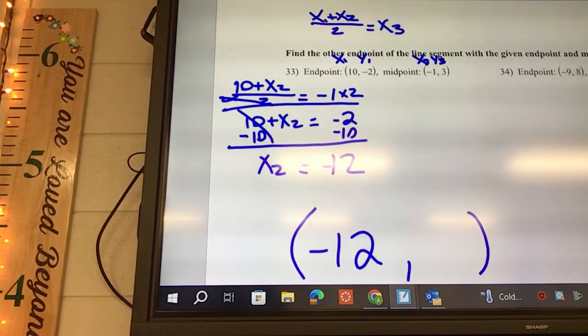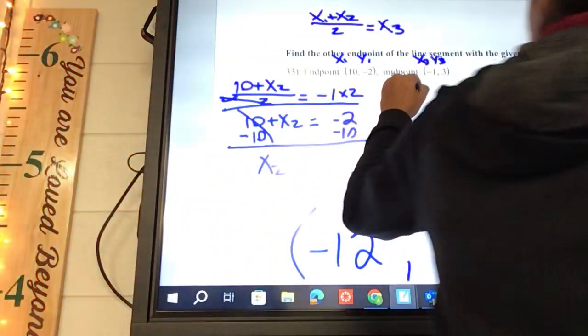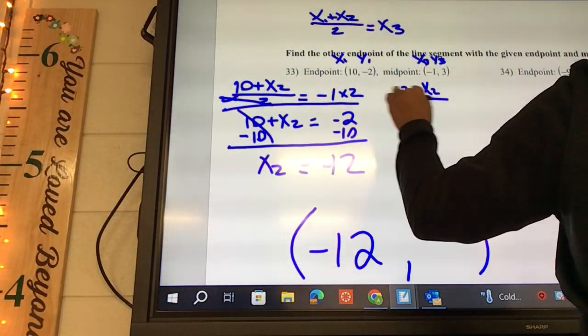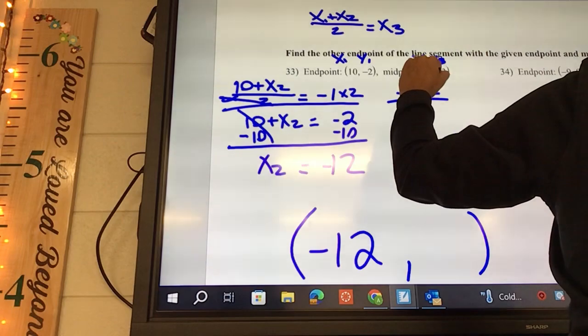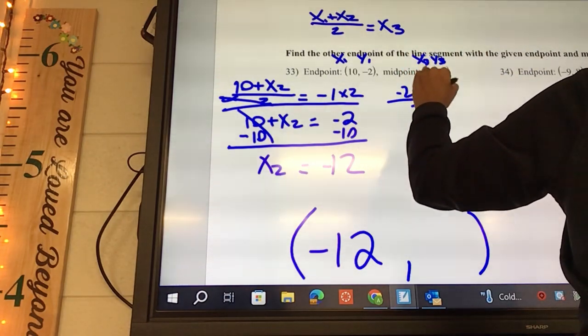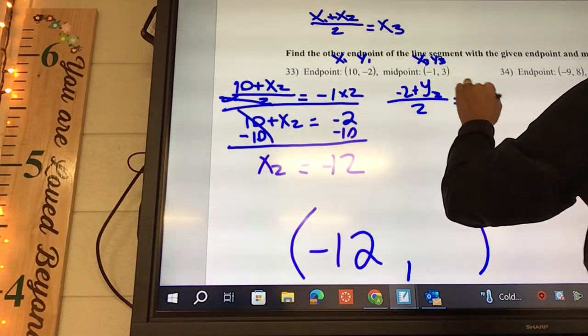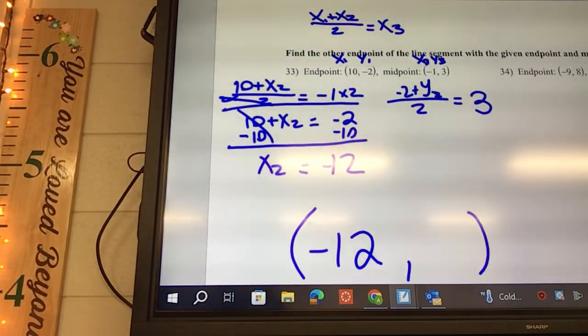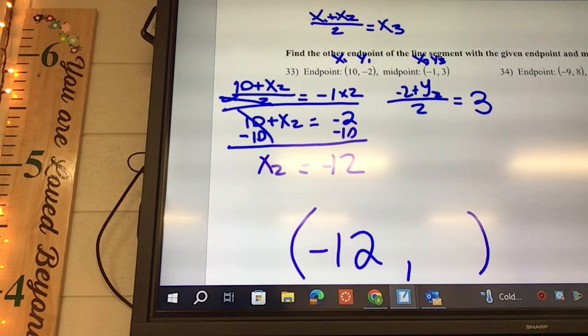For the y's, we're going to say negative 2 plus y2 over 2 equals 3. We're going to times by 2.